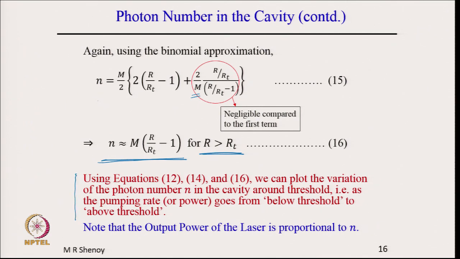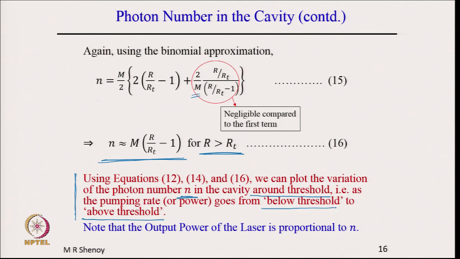Therefore, using equations 12, 14, 16 which give answers for n. So, 16 is here, the others are in the previous slides. We can plot the variation of the photon number n in the cavity around the threshold. That is, as the pumping rate or power goes from below threshold to above threshold.